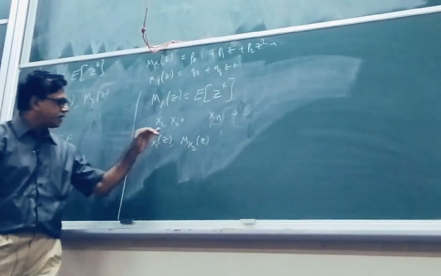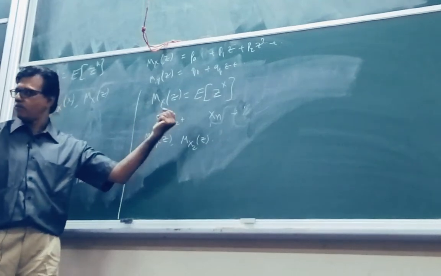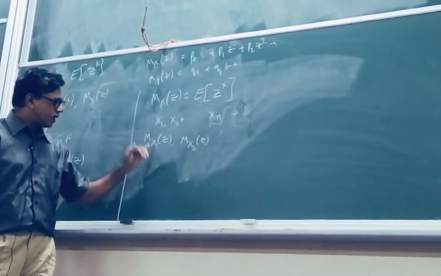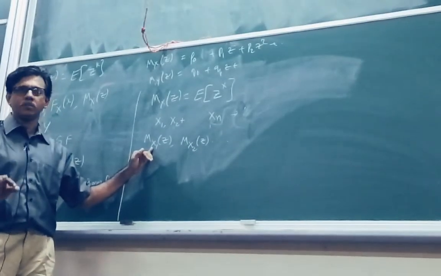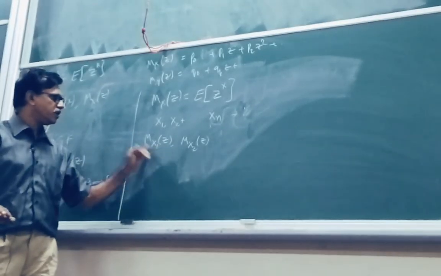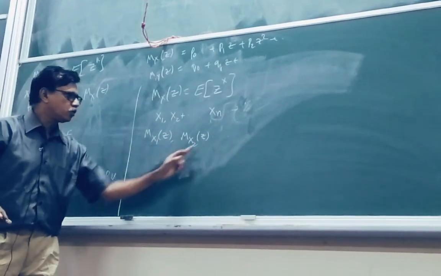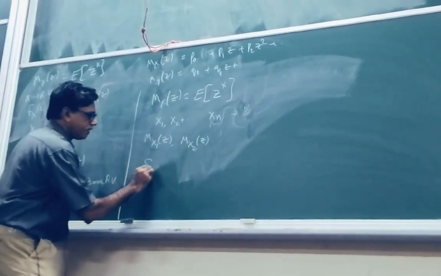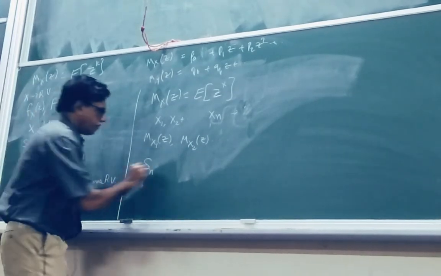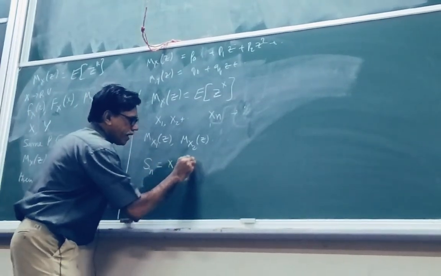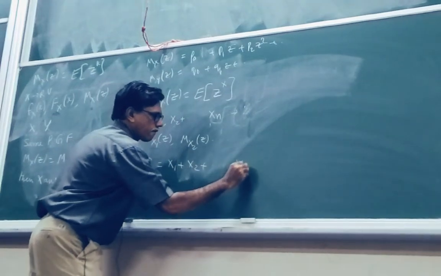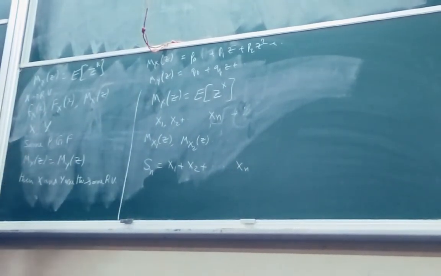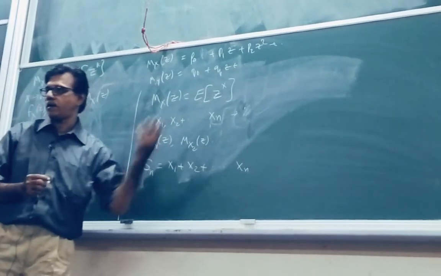Note that Z is a dummy variable, it's a transform variable, and the subscript tells you the random variable. For X1 this is the PGF, for X2 this is the PGF, and so on. Now, let us say you have defined the random variable Sn, which is the sum of these random variables. And let's also assume that these are all independent random variables.